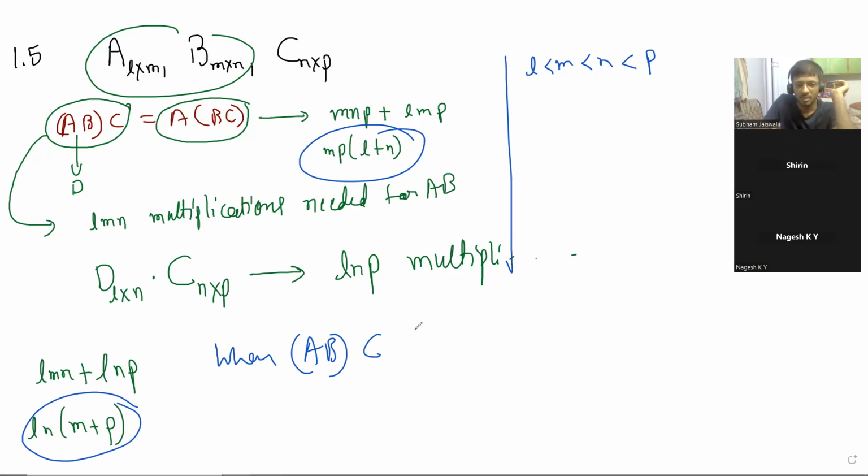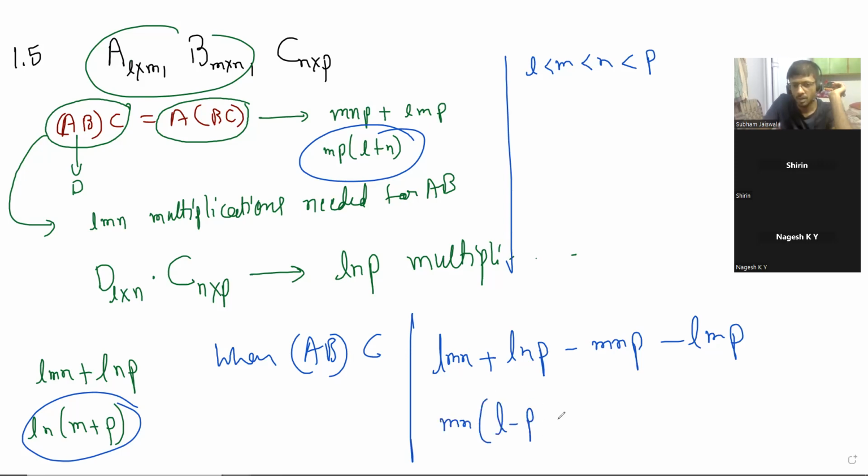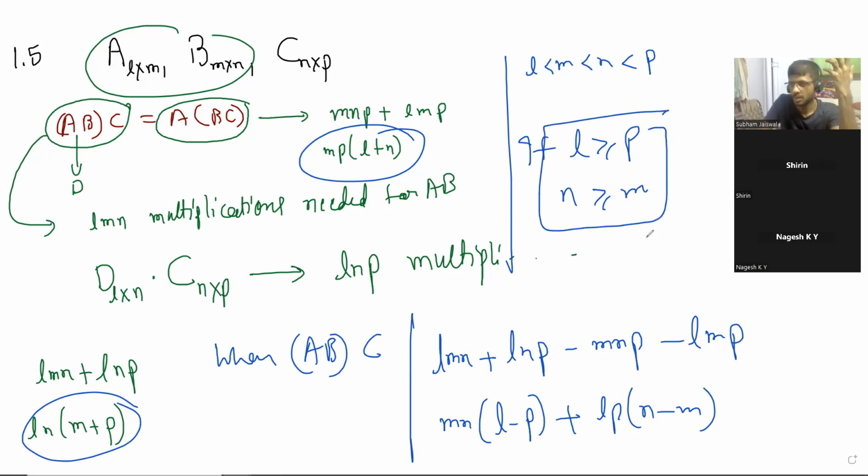Let us just try one more thing. If you can comment something on the difference: M·N minus L·P, N minus M. So you see, if L is bigger than P and N is bigger than M, then this is positive, right?